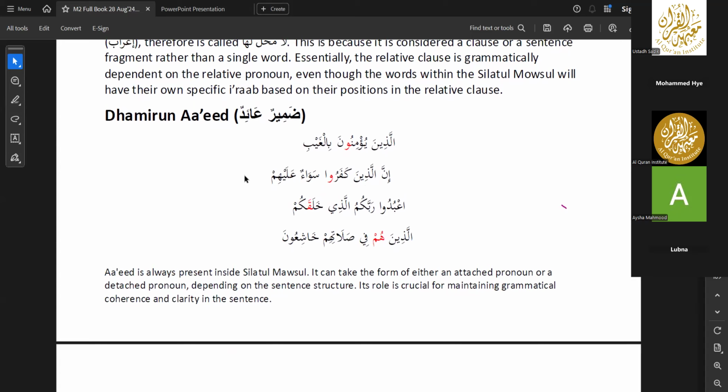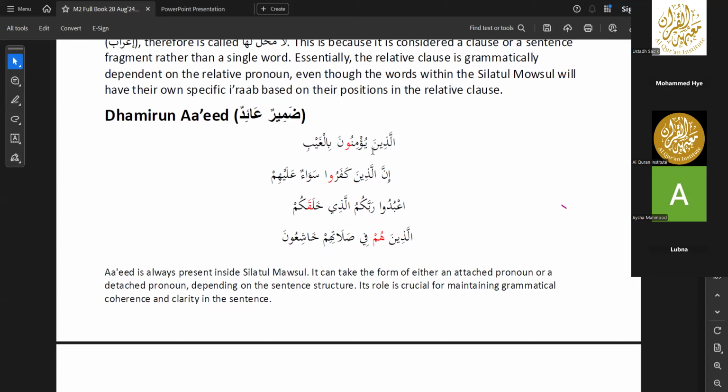It can take the form of the attached pronoun or detached pronoun, depending on certain structure. The key thing to remember is that the role is crucial for maintaining grammatical understanding and clarity in the sentence.